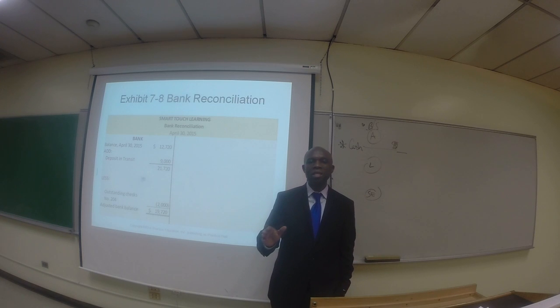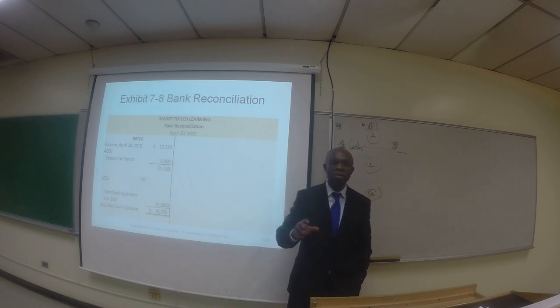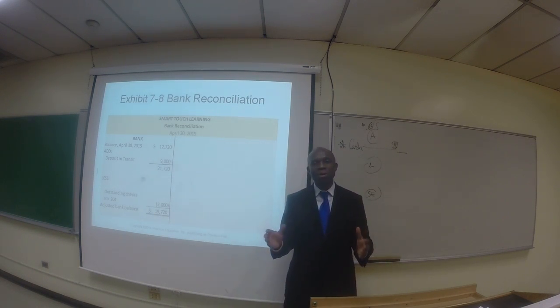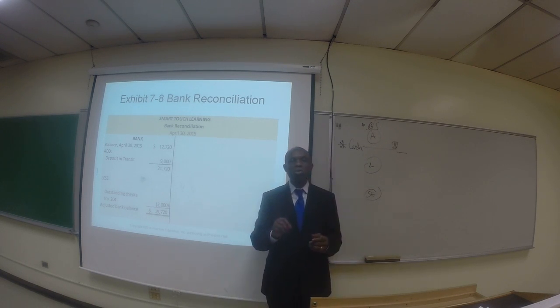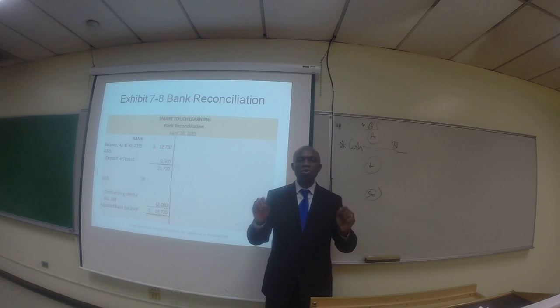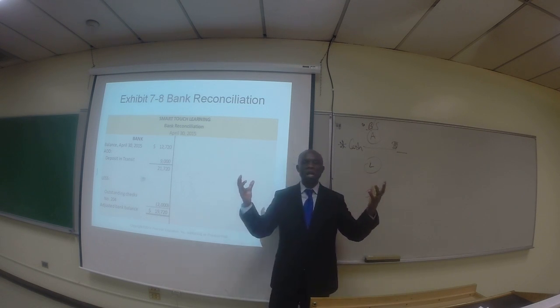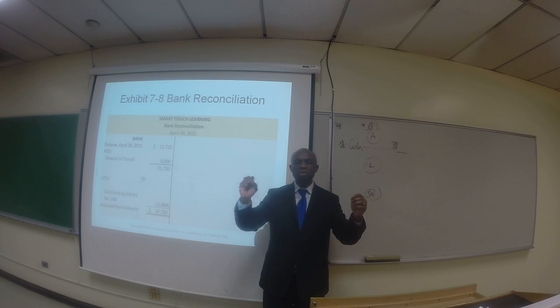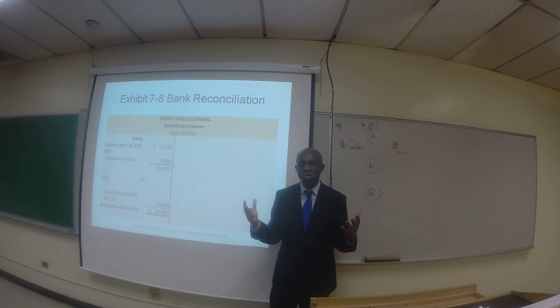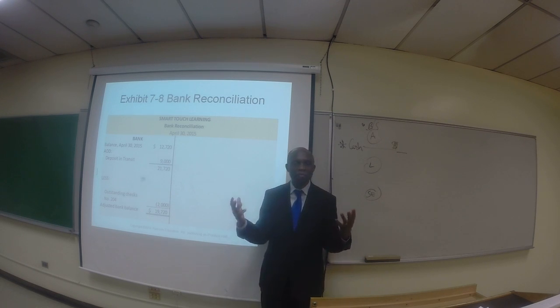Like I indicated to you in part 3, in real life, when you are doing bank reconciliation, one of the first steps is to identify those transactions that cleared your books that also cleared the bank. You need to scratch out all those transactions because they are not the reason why you have a difference.